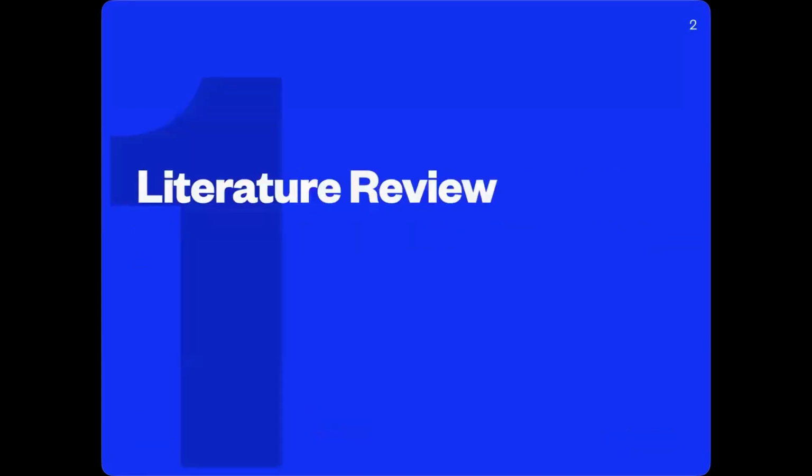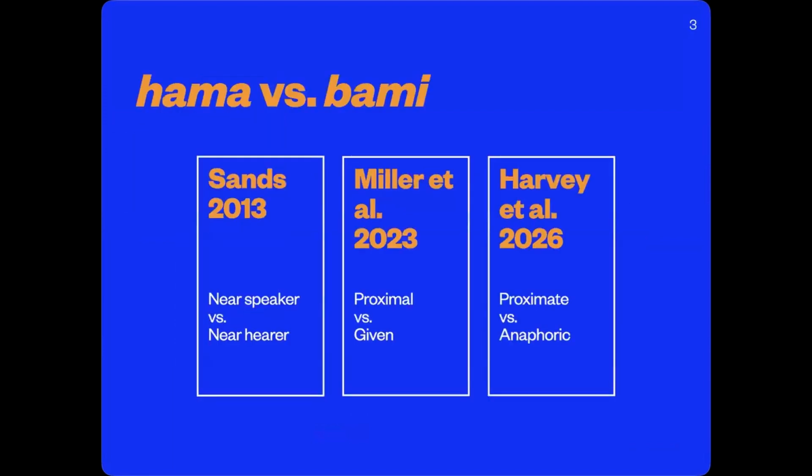I would like to jump into the literature review because it's crucial for this kind of work. As you can see, hama and bami have received really different kinds of treatment. Since 2013, Sands categorized them in purely spatial terms, hama as near speaker and bami as near hearer.